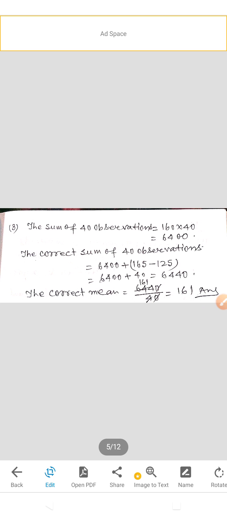The sum of 40 observations equals 160 multiplied by 40, which is 6400. The correct sum of 40 observations equals 6400 plus 165 minus 125, equals 6400 plus 40, equals 6440. So the correct mean equals 6440 by 40, equals 161.